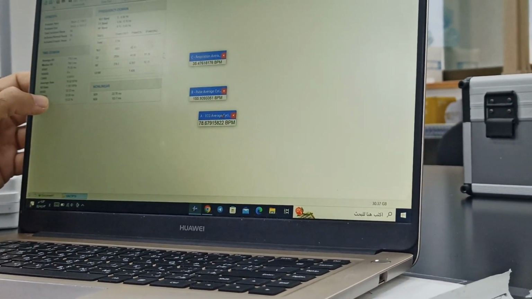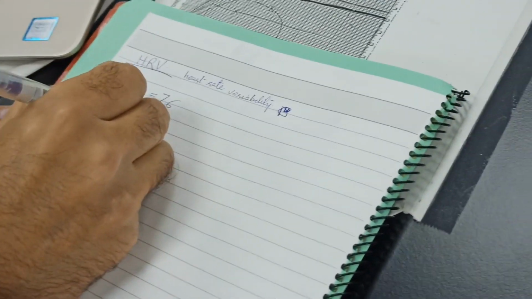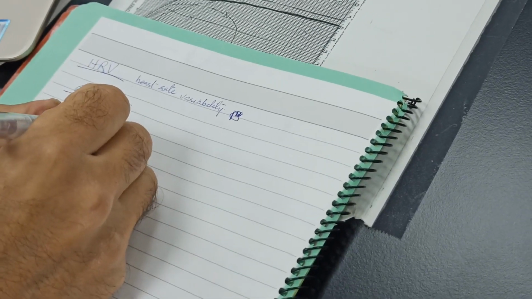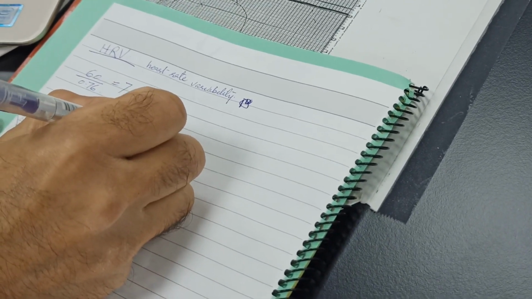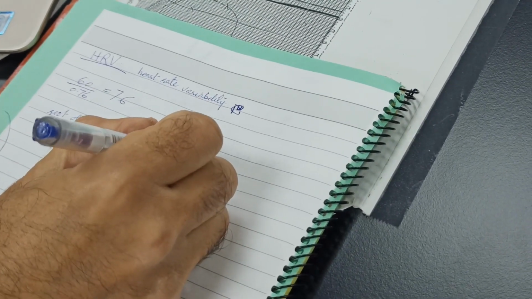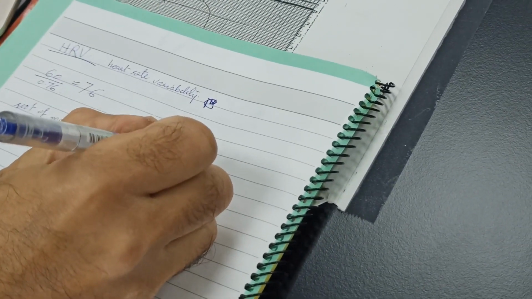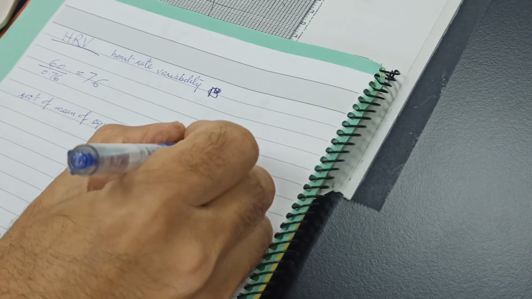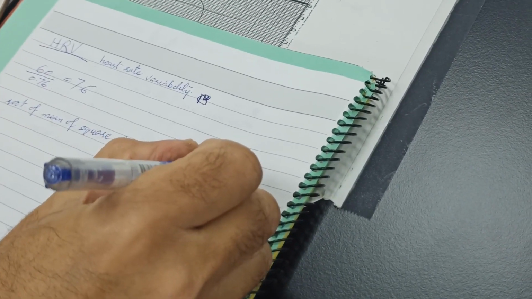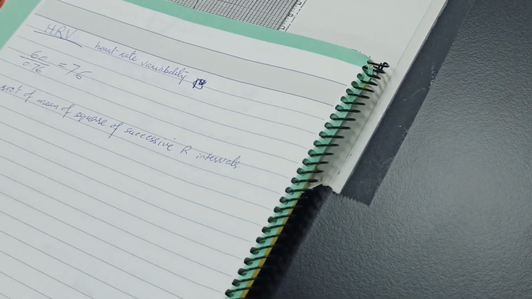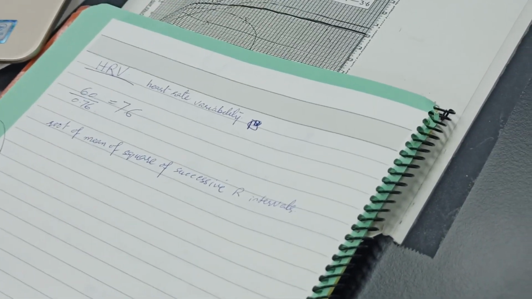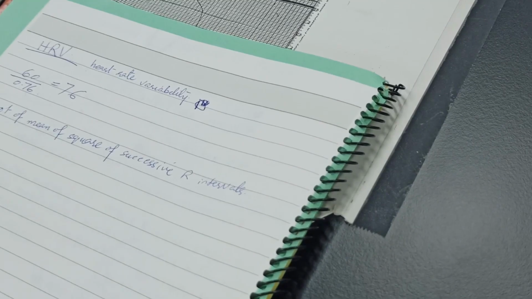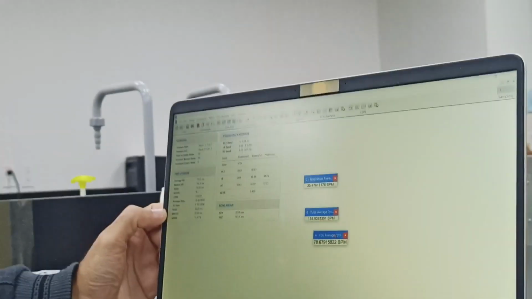It's a long terminology, but the thing is: root of mean of square of successive RR intervals. Again a statistical term, similar to standard deviation. Are we concerned with it? Yes, this is one of the most important ones.